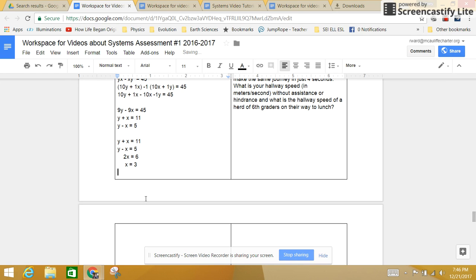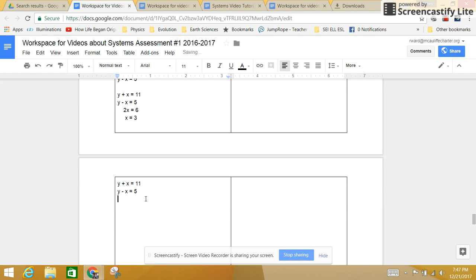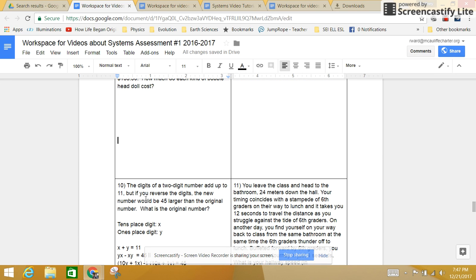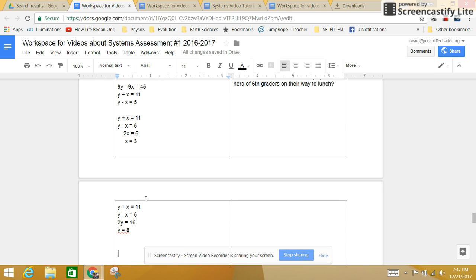Now if I do the other way around, and I add them, I'm going to get 2y equals 16. So y equals 8.